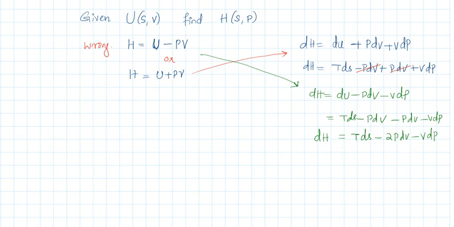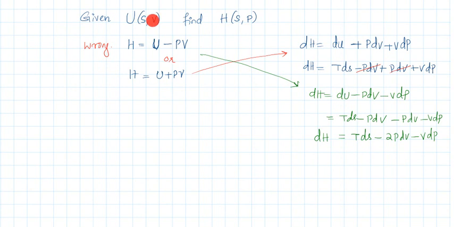In order to cancel this negative term, this term should be positive. That is why the correct expression is H is equal to U plus PV. If it is U plus PV, dH is dU plus PdV plus VdP. dU is TdS minus PdV. Then this PdV plus VdP. These terms will cancel and H will be a function of S and P. So you have to put this sign according to the situation.